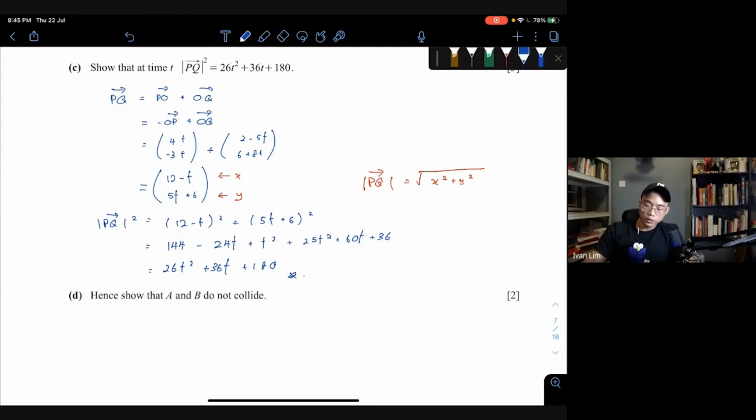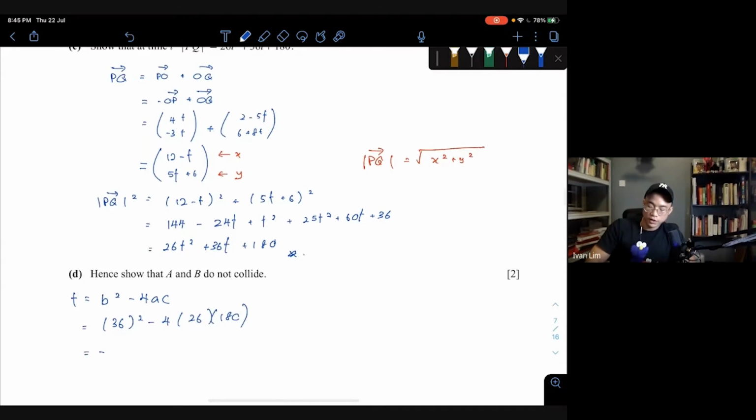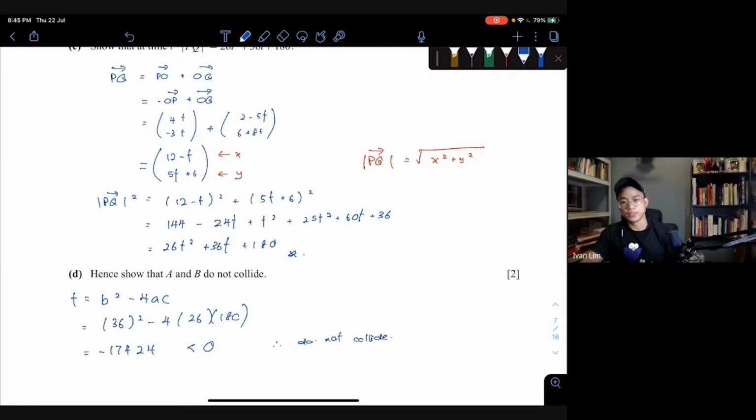Because it's a quadratic equation, we use the discriminant b squared minus 4ac. Therefore it will be 36 squared minus 4ac. You will get negative 17424, which is less than 0. Therefore, they do not collide, because there's no t value that we can find from this equation.